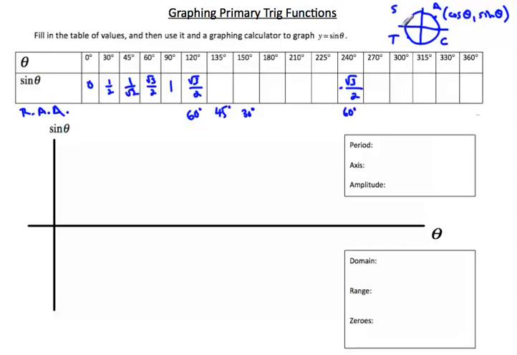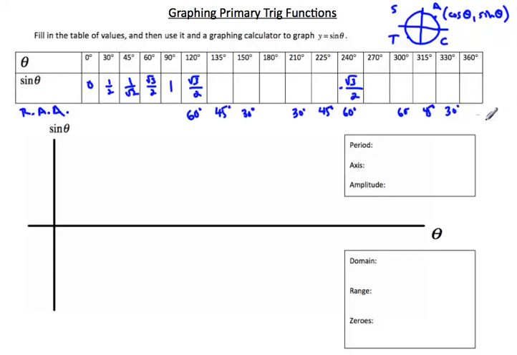Then we get to 180, which is over here. 210 is going to also have a related acute angle of 30 degrees. It's gone 30 degrees past the x-axis here. 225 has a related acute angle of 45 because it's 180 degrees plus 45, etc. 300 has a related acute angle of 60, 315 has a related acute angle of 45, and 330 has a related acute angle of 30 degrees.